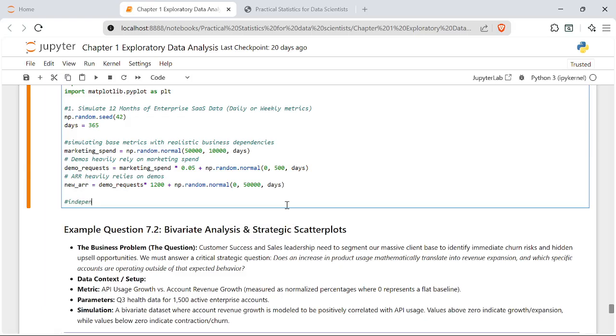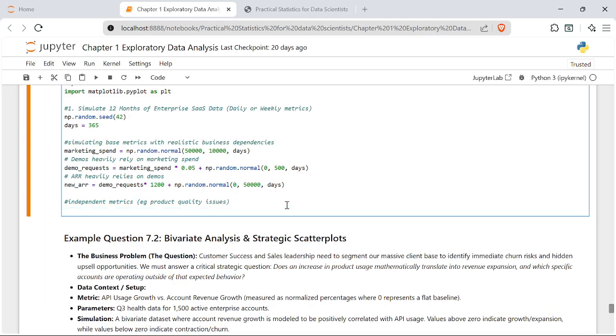Independent metrics, for example, product quality issues. NPS score equals np.random.normal(40, 15, days).